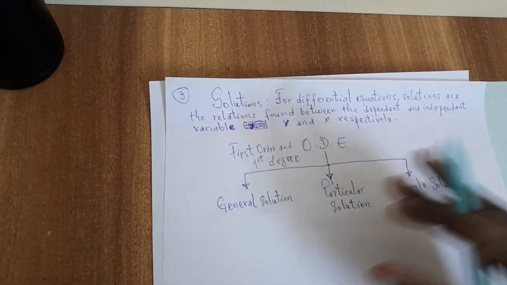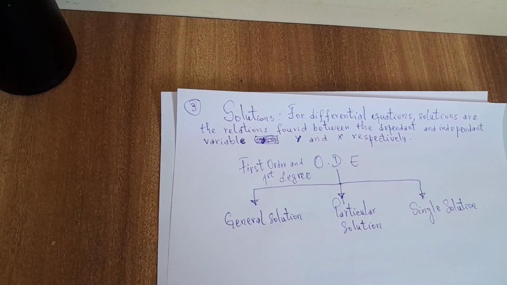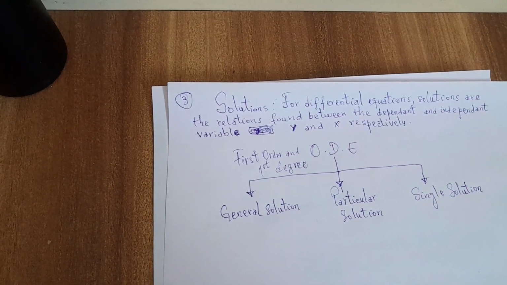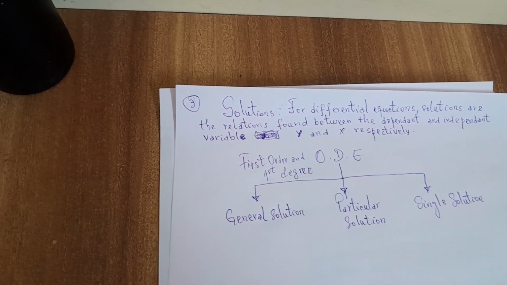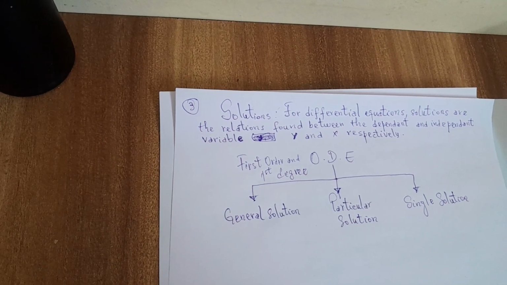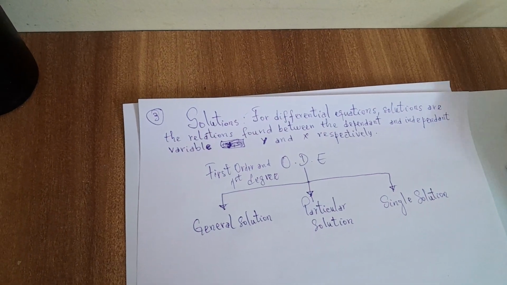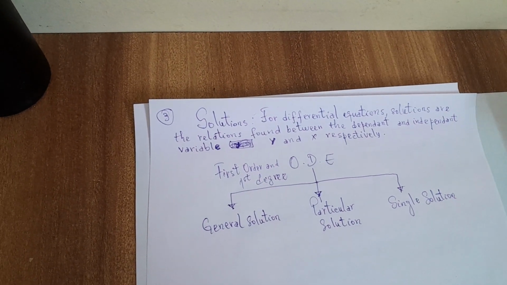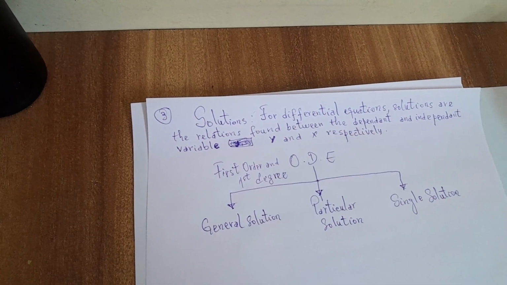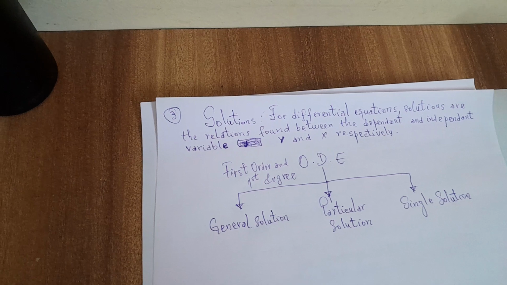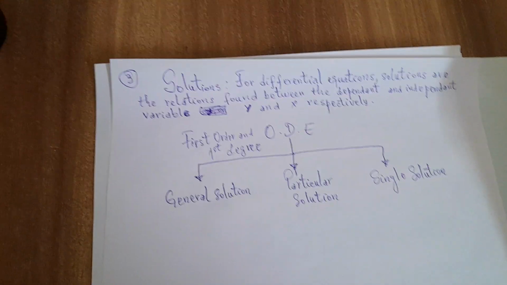In general, every ordinary differential equation or partial differential equation has three different solutions, okay? Even in first order and first degree, we will sometimes find three different solutions. In general, all ordinary or partial differential equations have three distinct solutions.